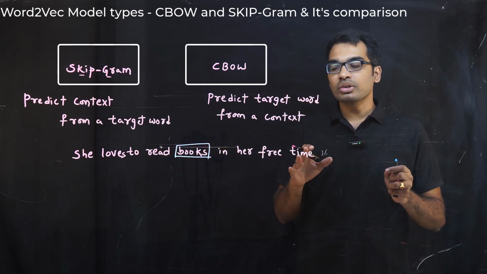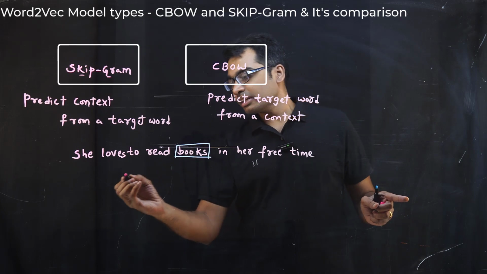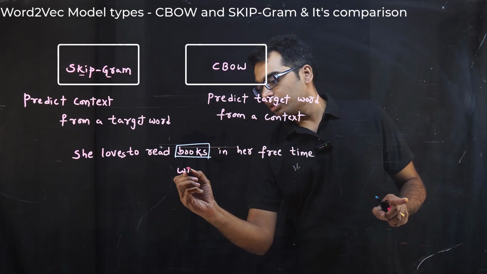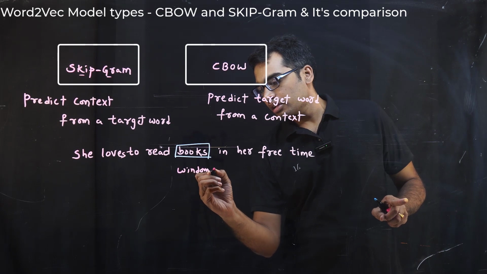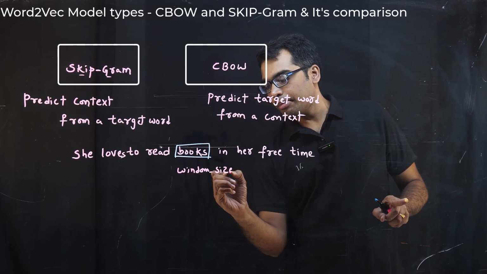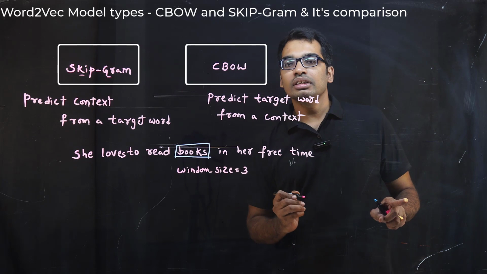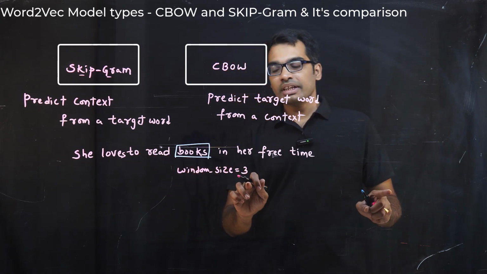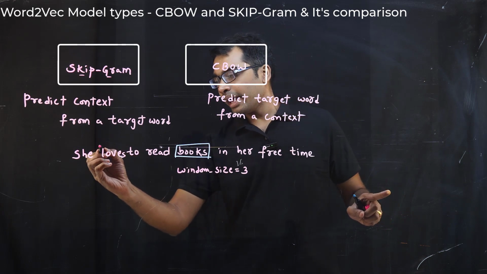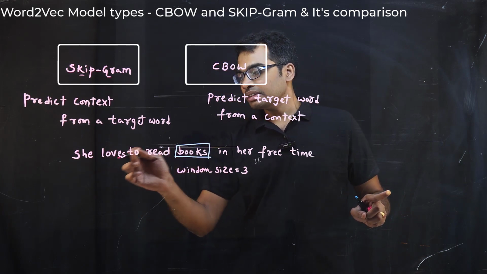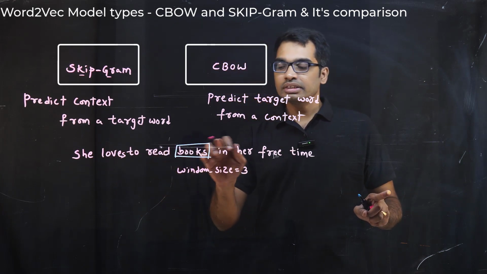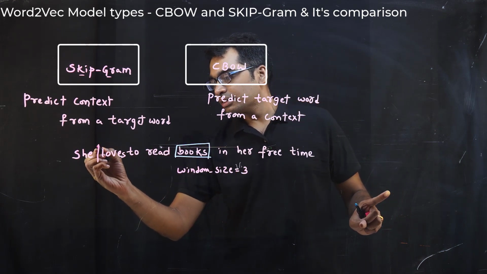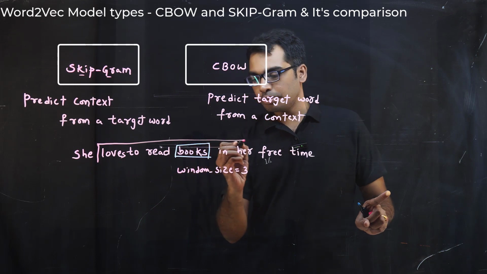That's how the window size is defined. It is a hyperparameter, so you can tweak it. When we consider 3, we go back 3 previous words and 3 next words from the target word.